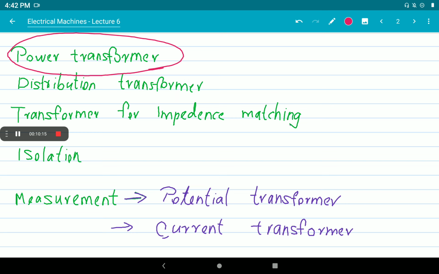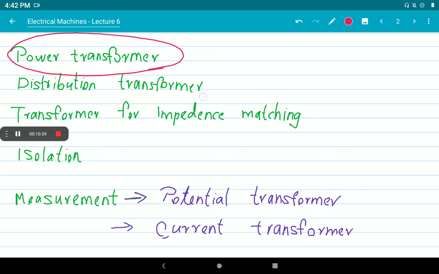If the generator is functioning, then the power transformer is also functioning. That means the power transformer functions only when the generator is generating voltage, and it functions at 100% load, the fullest capacity. So it transfers the voltage at its fullest capacity.